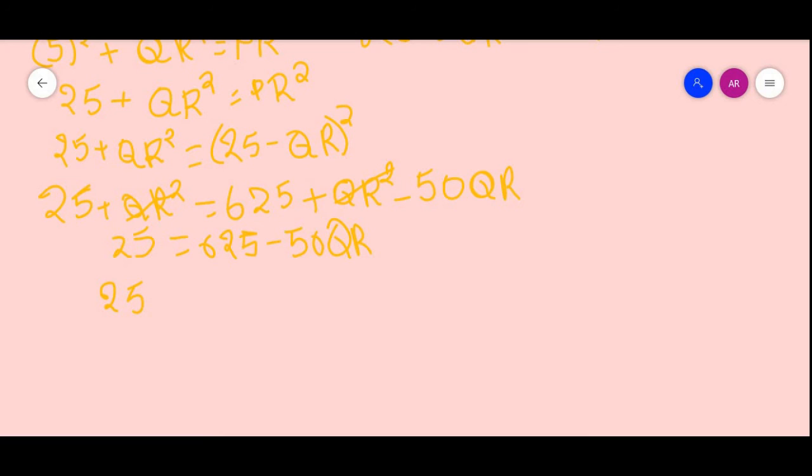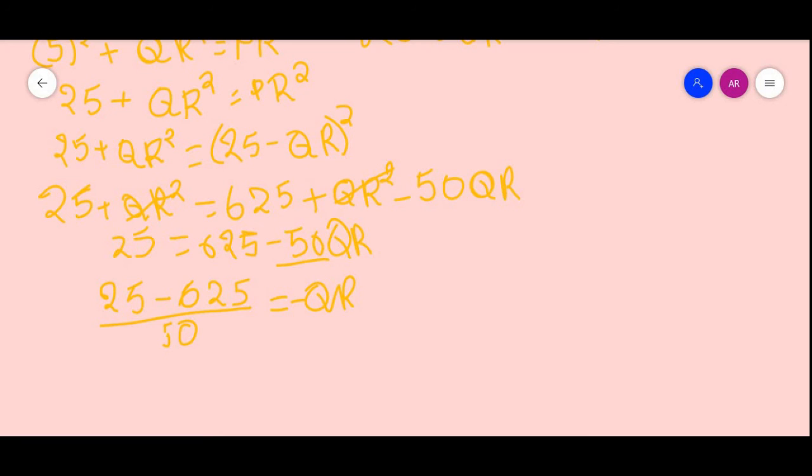It was actually plus, so if I take it there, it's going to become minus. It's going to become 25 minus 625. And why did I write divided by? Because this is minus 50 QR. This 50 is multiplying with QR. If you take it from the right hand side to the left hand side, it's going to become divided by. So this will be equal to minus QR.